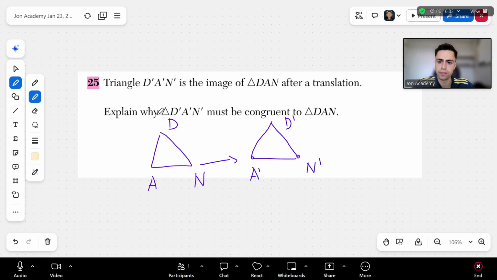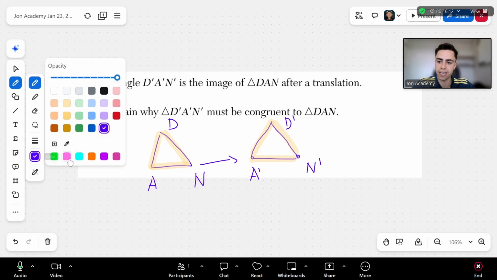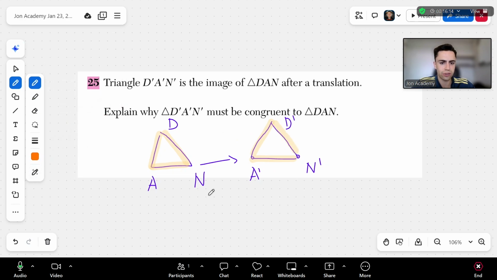They are corresponding. So what can we see here? The 3 side lengths are preserved. So we can apply here directly the congruence criteria of side, side, side. And both are congruent. So we could write triangle DAN is congruent to triangle D prime, A prime, N prime because of the side, side, side congruence criteria.